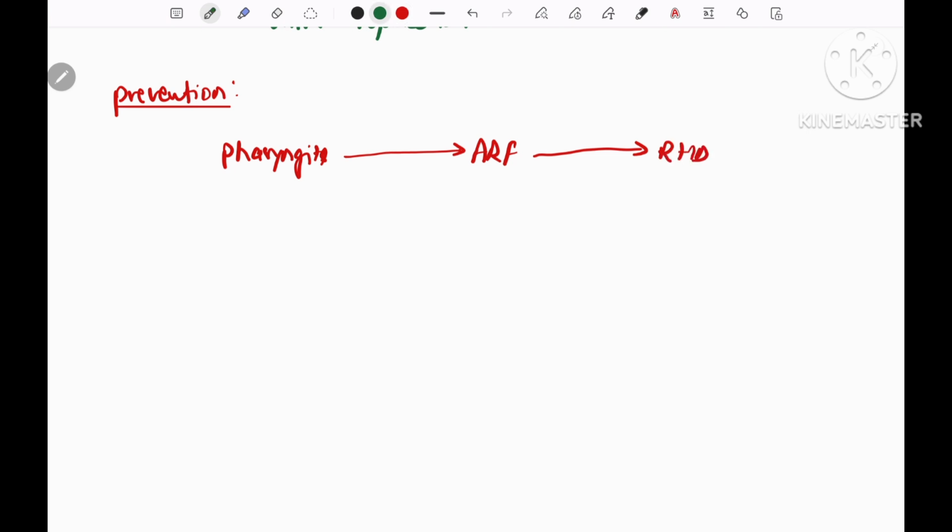So the intervention which we do here to prevent pharyngitis progression to acute rheumatic fever is the primary prophylaxis. And for acute rheumatic fever to rheumatic heart disease, we do secondary prophylaxis.